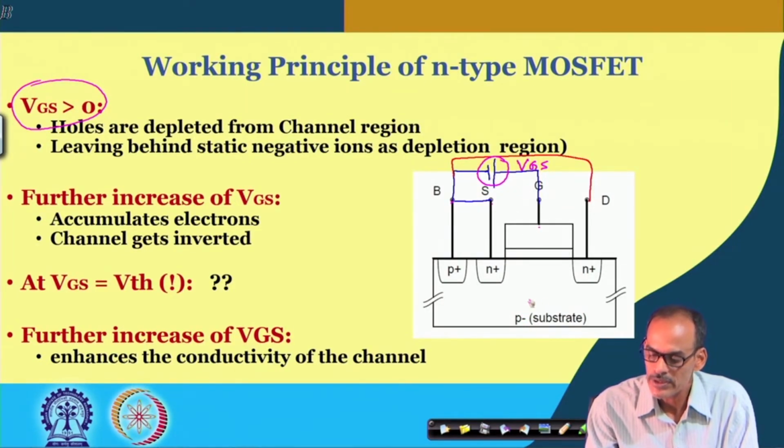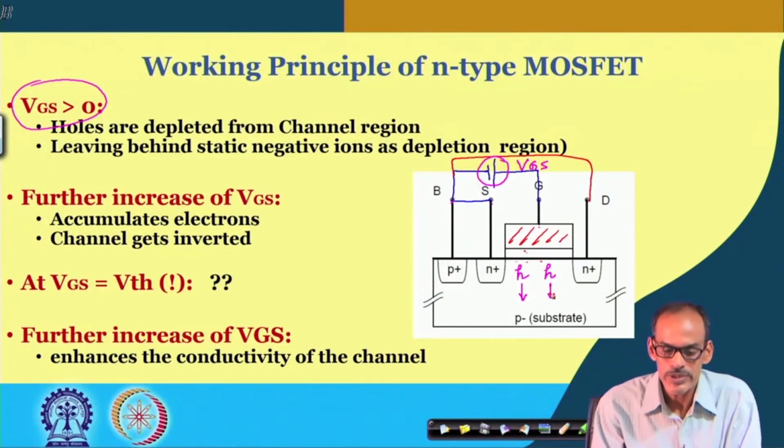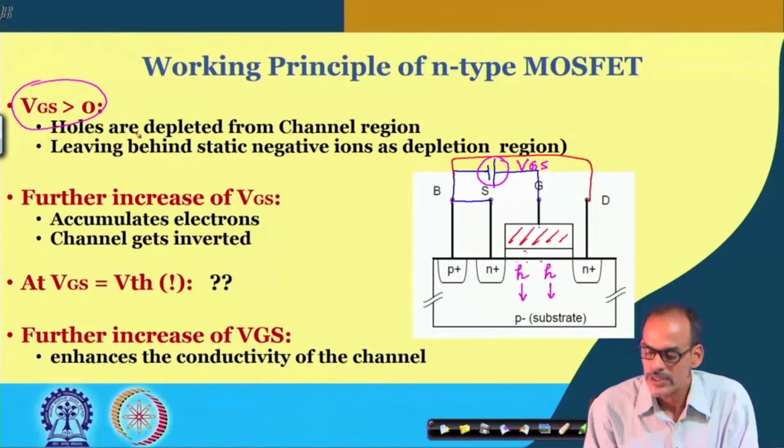So, what we are expecting is that since it is a p type substrate, there will be holes as majority carriers, and because of this positive voltage they may be depleted from the surface region. Whenever we apply the positive voltage at the gate, it creates a field on the surface across this thin oxide, and as a result the holes are getting depleted from this channel region.